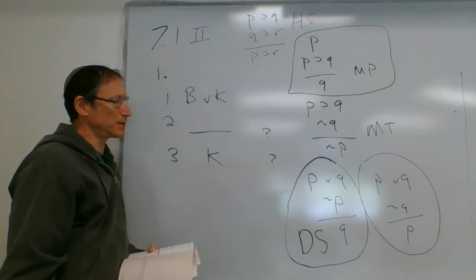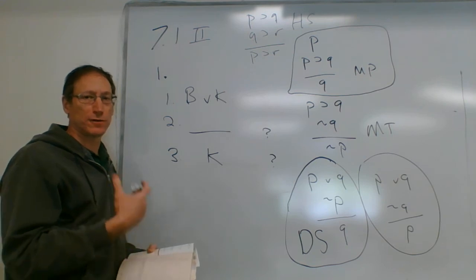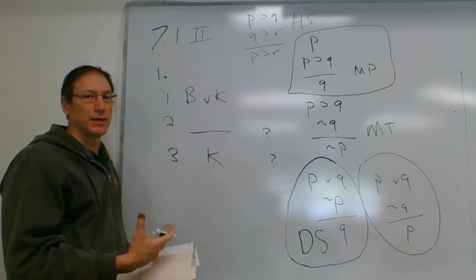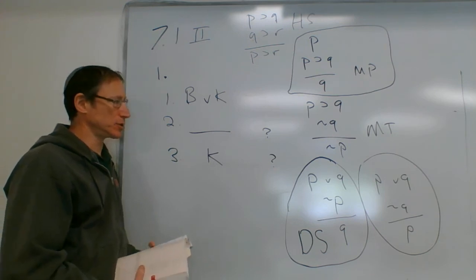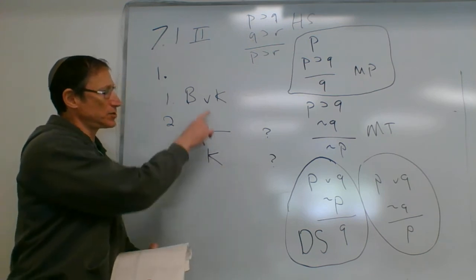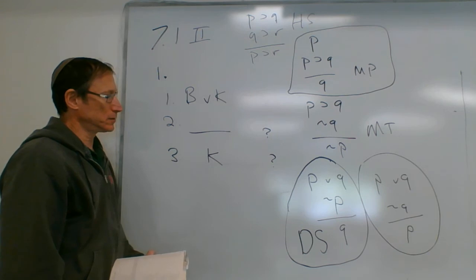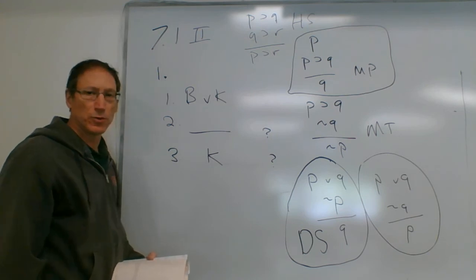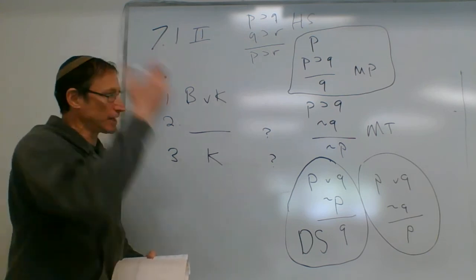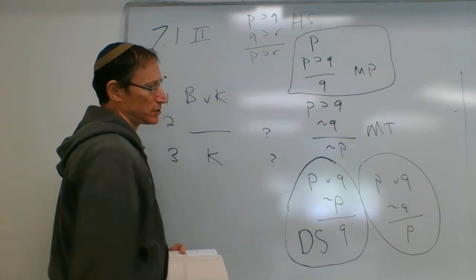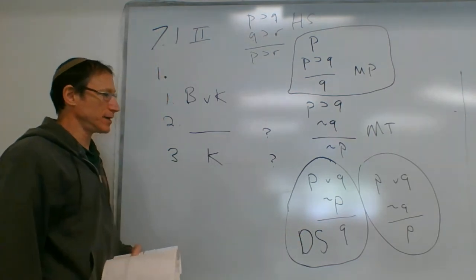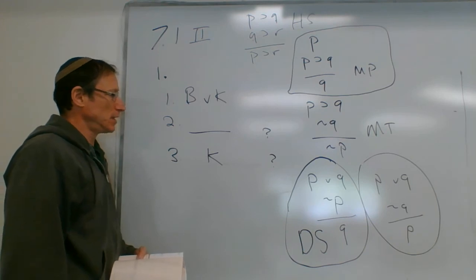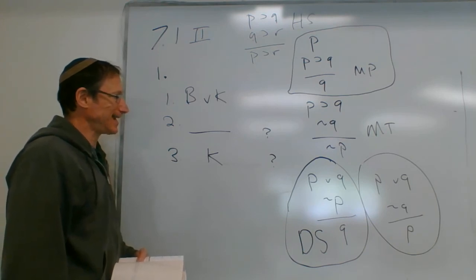And so the simplest thing, your book says, try to look for the simplest formula and the quickest, easiest way of getting to the conclusion. Well, this is a disjunction. So it's going to have to be a rule that involves disjunction. It's going to have to be disjunctive syllogism. That's the only rule that we have, at least so far, that involves a disjunction. What would I need to get K?